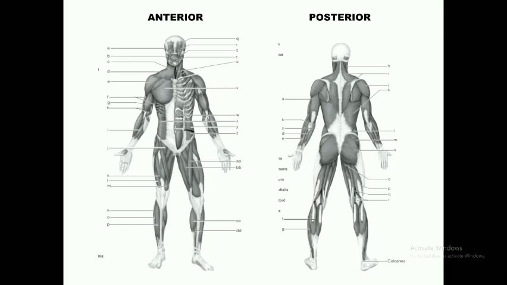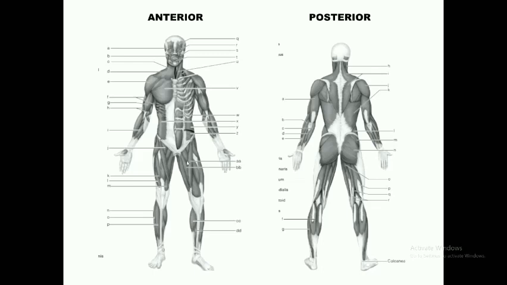So next, sartorius. Number 11, sartorius is located here. That is our sartorius in the leg, our muscle in our leg. So next, 12, platysma.